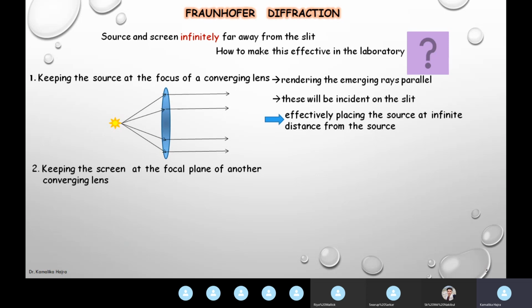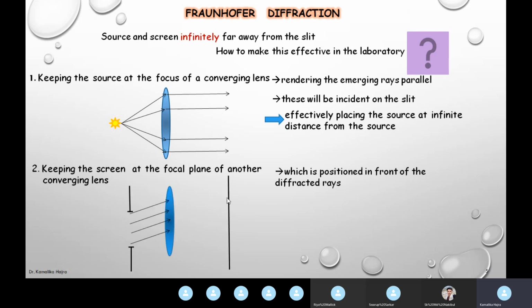Next, we have to keep the screen at infinite distance from the slit. So what do we do? We keep the screen at the focal plane of another converging lens, which is positioned in front of the diffracted rays. So the screen is positioned at the focal plane of this converging lens, and this converging lens is placed in front of the slit. Alright, so sets of parallel rays which have been diffracted from the slit.